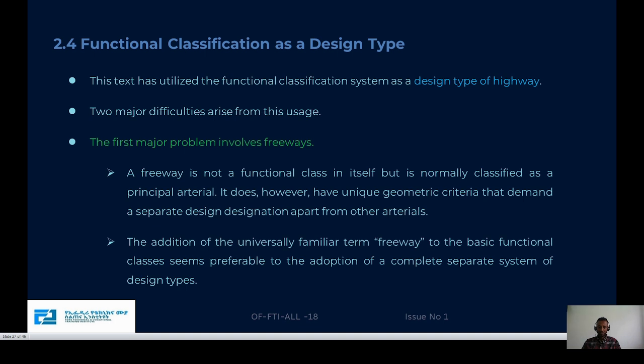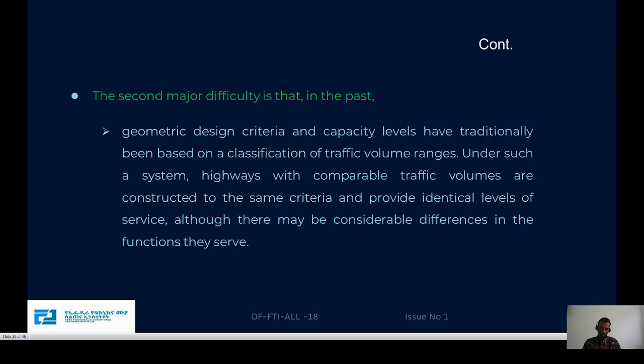The freeway is not a functional classification itself, but it is a classification of the principal arterials. It does however have unique geometric characteristics that demand separate design apart from other principal as well as minor arterials.